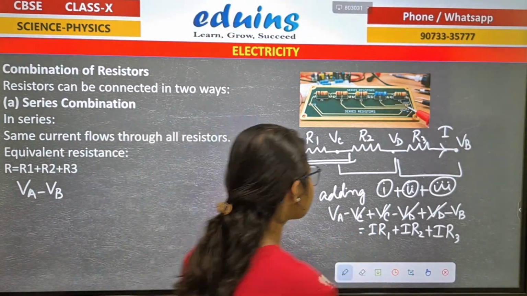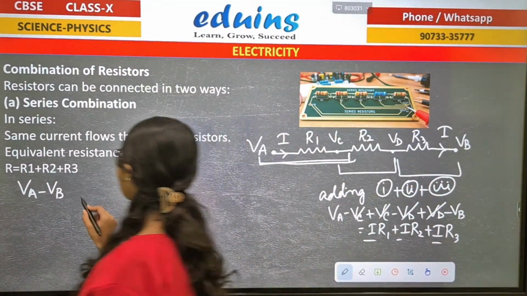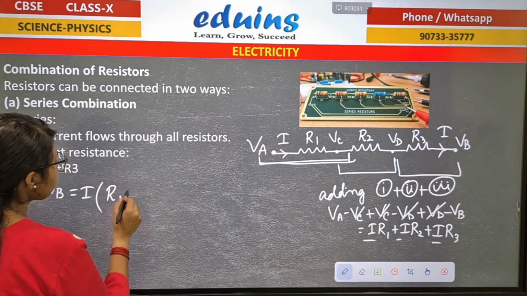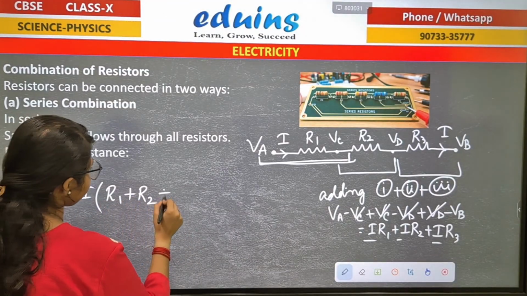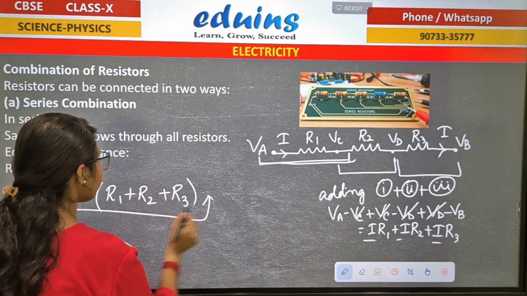Now we have to take common from here. I is the common factor. Then here we get R1 plus R2 plus R3. So this is the equation.